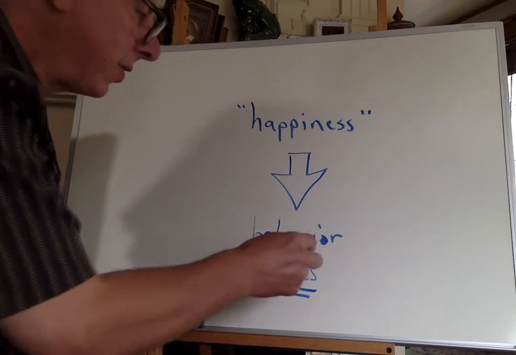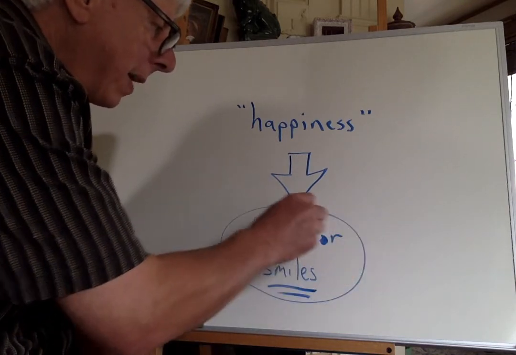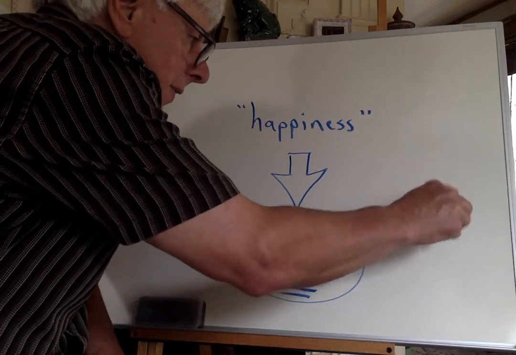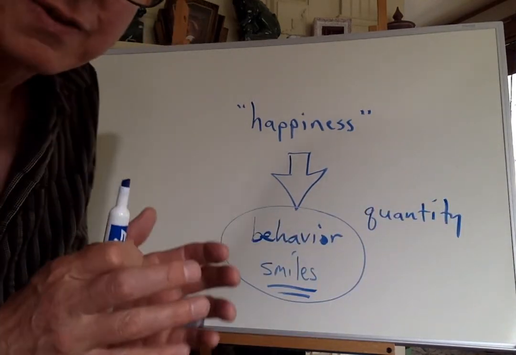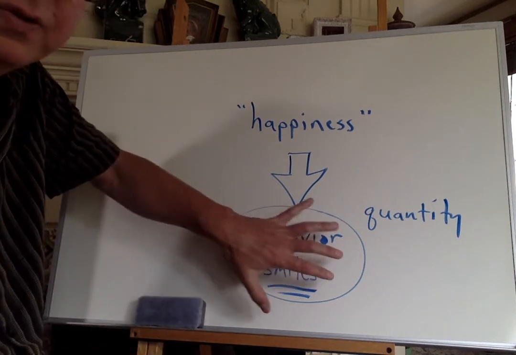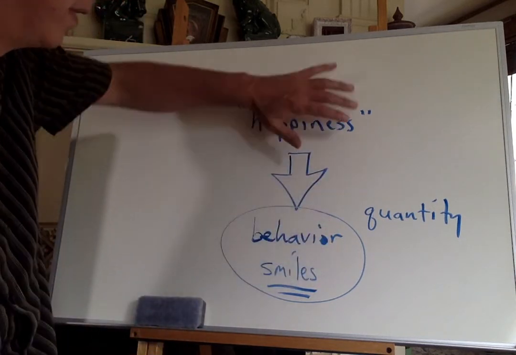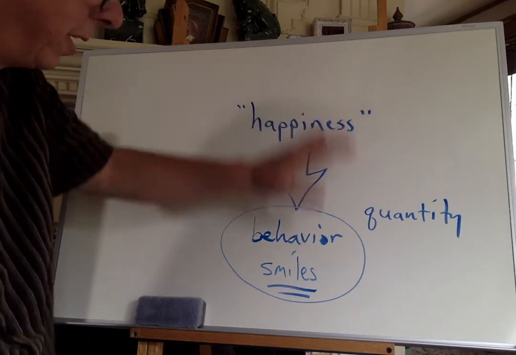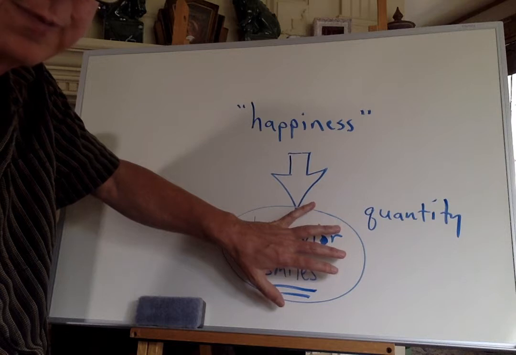But remember, when we do our operational definition, we want to have a quantity, right? We want to quantify that variable. That is the essence of operational definition. This is the concept or the hypothetical construct. Here's where we quantify it.